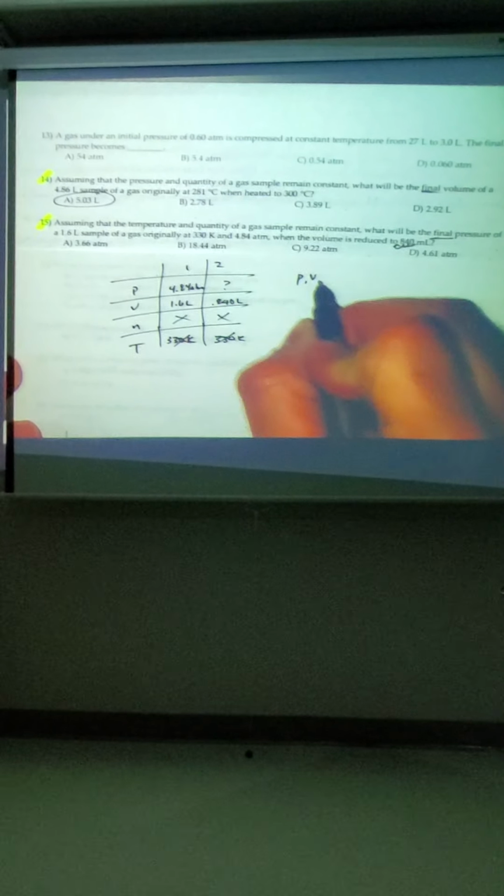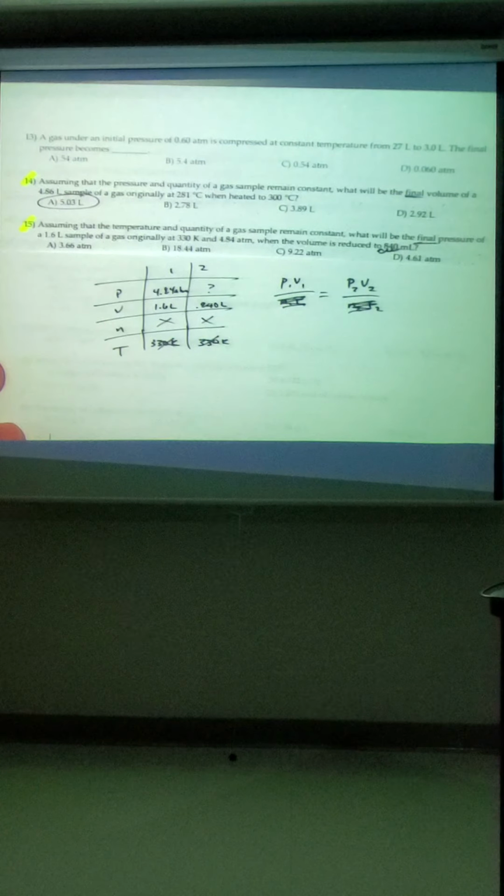So P1, V1, N1, T1, P2, V2, N2, T2. Now we see the N's and T's, which are the denominator, unimportant. We want pressure 2, so let's just divide both sides by V2. V2 will cancel. So P1 V1 over V2 equals P2.